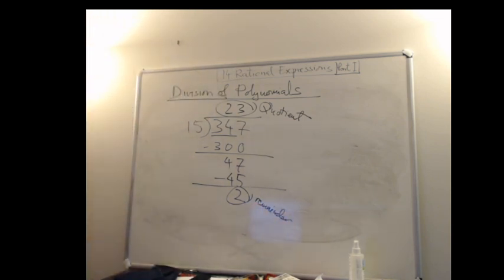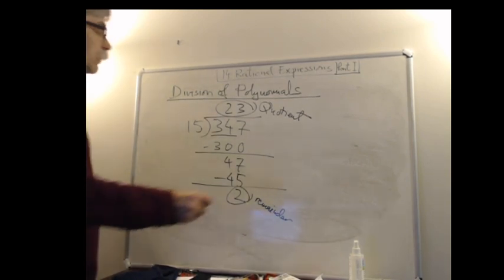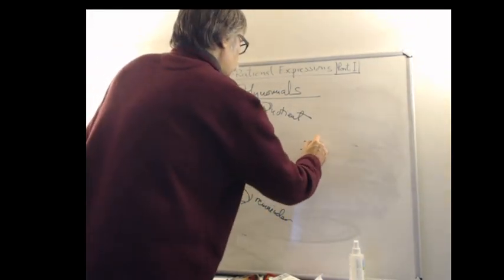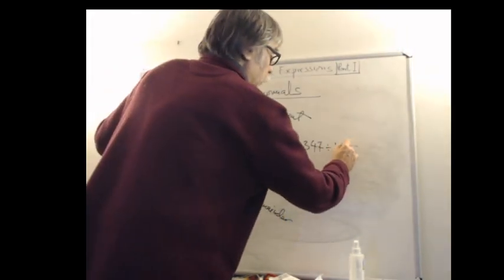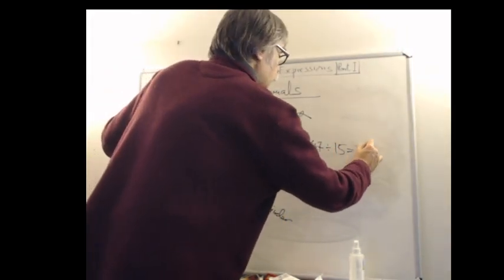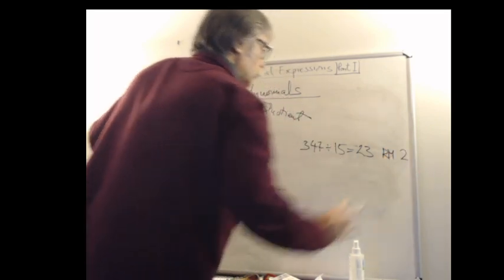Okay? Now I could ask you, how do you know this works? What do you have here? You have 347 divided with 15, and you say the result is 23 and remainder is 2.